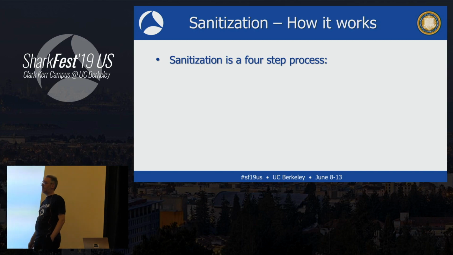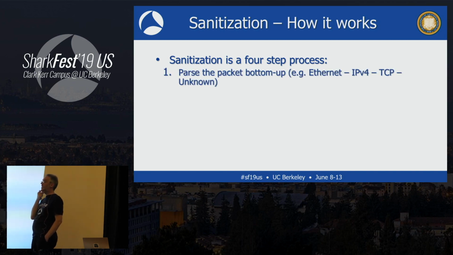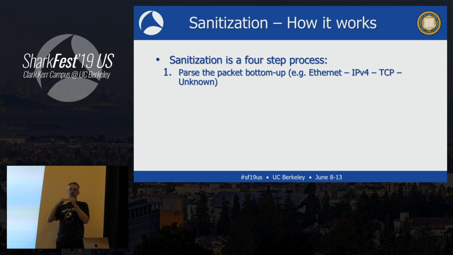The first step is that you need to parse or analyze each packet from bottom to top. So you start at the bottom, you find maybe Ethernet, and then you think, okay, what's the next one? Maybe it's IPv4. So you need to parse all that. You need to extract all the values. You need to understand all the protocol fields, right?